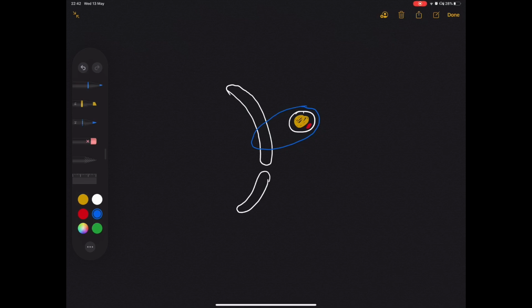Now, the ophthalmic veins are in their respective fissures. So the superior ophthalmic vein in the superior orbital fissure and the inferior branch in the inferior orbital fissure.